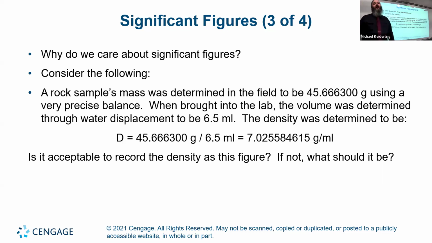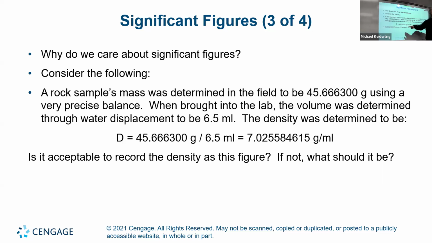And the answer is no, because this implies that we know the density of this material to this level of detail, to this level of precision, which we don't because our volume measurement wasn't very precise compared to our mass measurement.